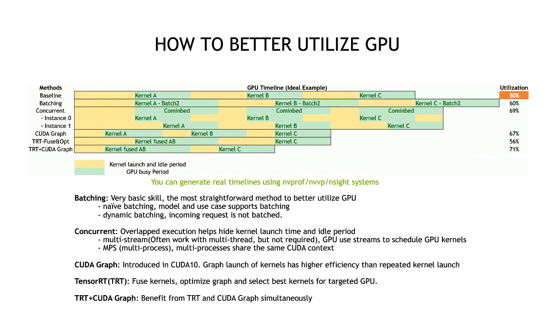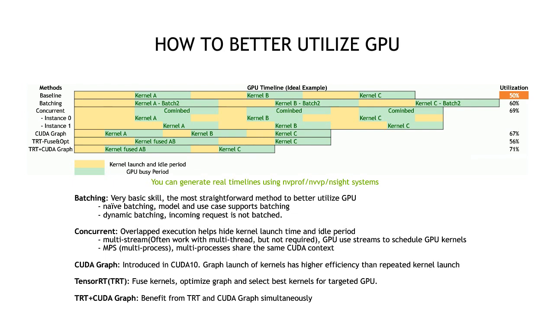So if you have multiple processes, you usually have multiple CUDA contexts. But on the same GPU, there's only one active CUDA context at a time. So if there are multiple CUDA contexts, you have to switch between these contexts. So actually, the kernels on the GPU are not executed concurrently.